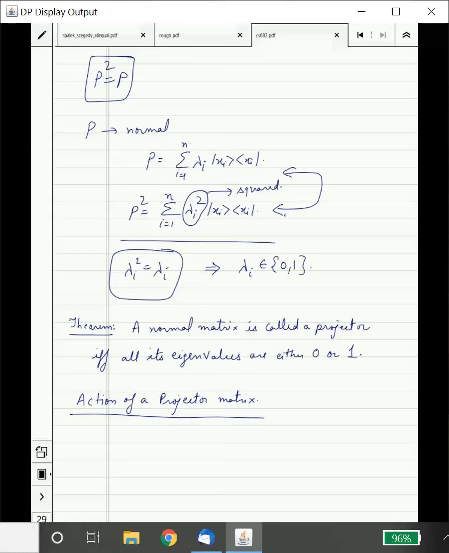Let's talk about the action. Remember, a projector is a matrix whose eigenvalues are just 0 or 1. So I can write its spectral decomposition as this, where the x_i's are orthonormal.